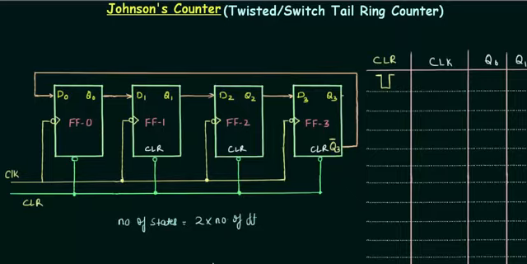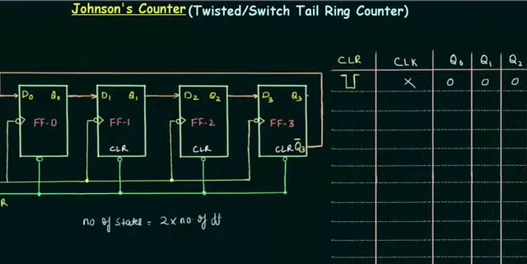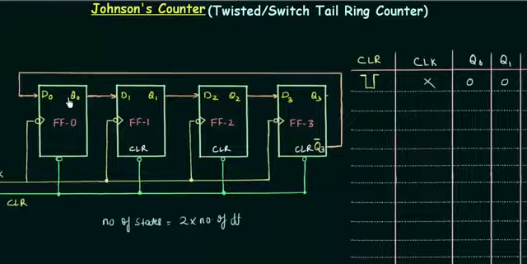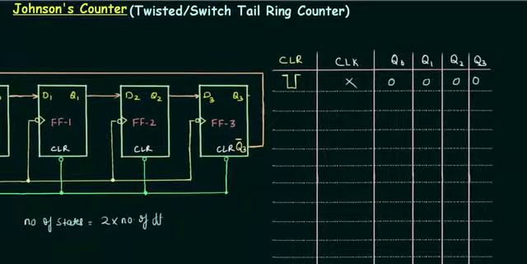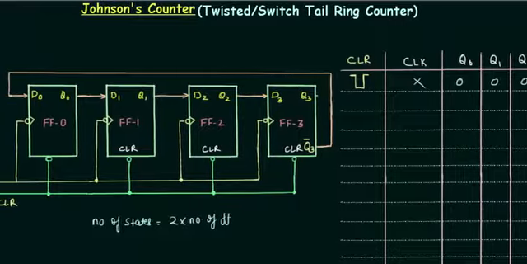So initially, whatever the value of the clock, all these outputs are low, whereas in that case we had Q0 as 1 because the overriding input was connected to the preset. There is no initialization required. Our Johnson's counter will start counting even if we do not initialize it, whereas in that case we have to initialize it by having 1 as the output Q0. So this is another advantage of the Johnson's counter, and because of these two advantages it is highly used.